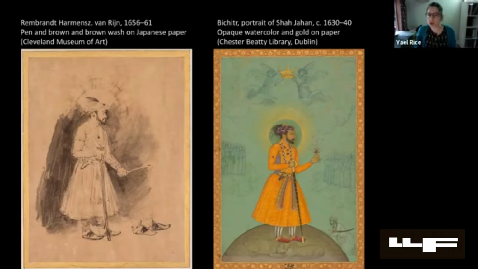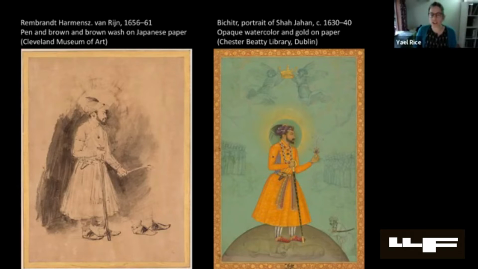So the example I'm showing you on the right, which lives in the Chester Beatty Library in Dublin, is not necessarily Rembrandt's source material, but it gives you an idea of the kinds of paintings he would have encountered, and also gives us a sense of how Rembrandt received these works, that he really treated them as material to learn and study from, that his studies did not actually involve explorations in color.